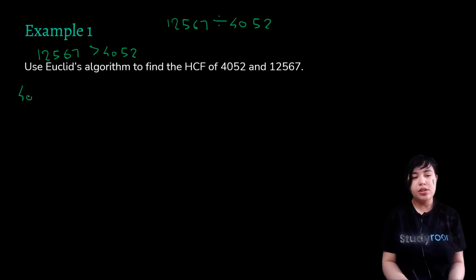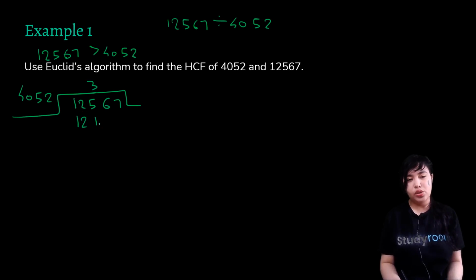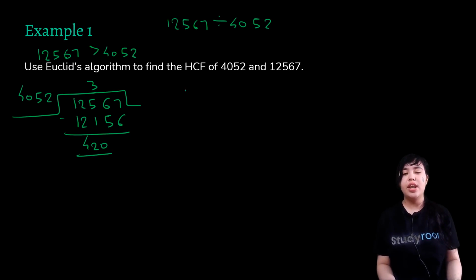So let's do that. Here if I get a 3, this will become 12156. This will become 420.